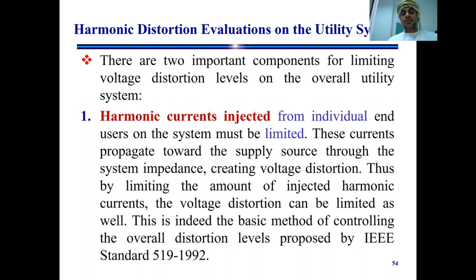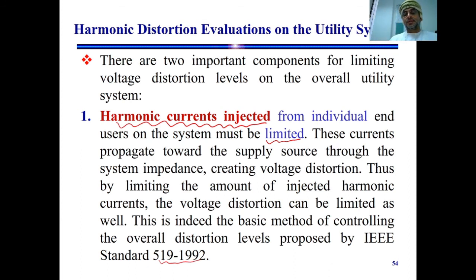There are two important components for limiting the voltage distortion on the utility system. First of all, we need to find the harmonic current that is injected from individual loads, and that should be limited according to the IEEE standard, of course.